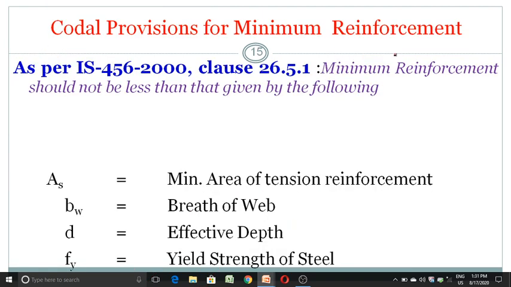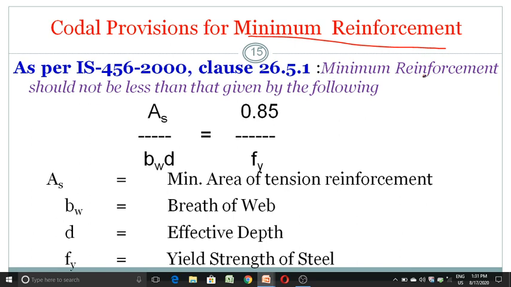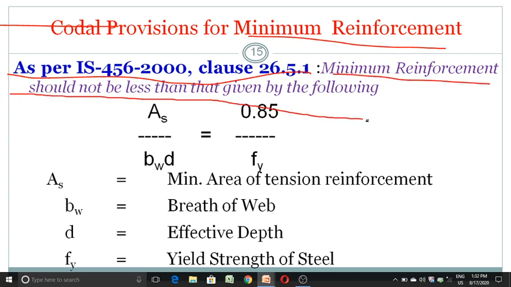And we have a codal provision for minimum reinforcement and maximum reinforcement provided for T-beams. As per IS 456-2000, clause number 26.5.1, the area of minimum reinforcement As should not be less than the value obtained from this condition: As by bw d is 0.87 by fy.